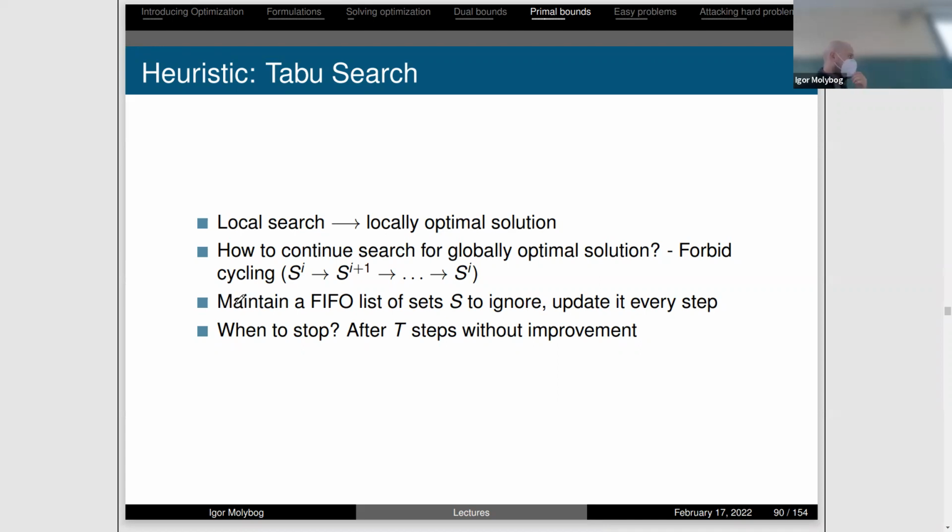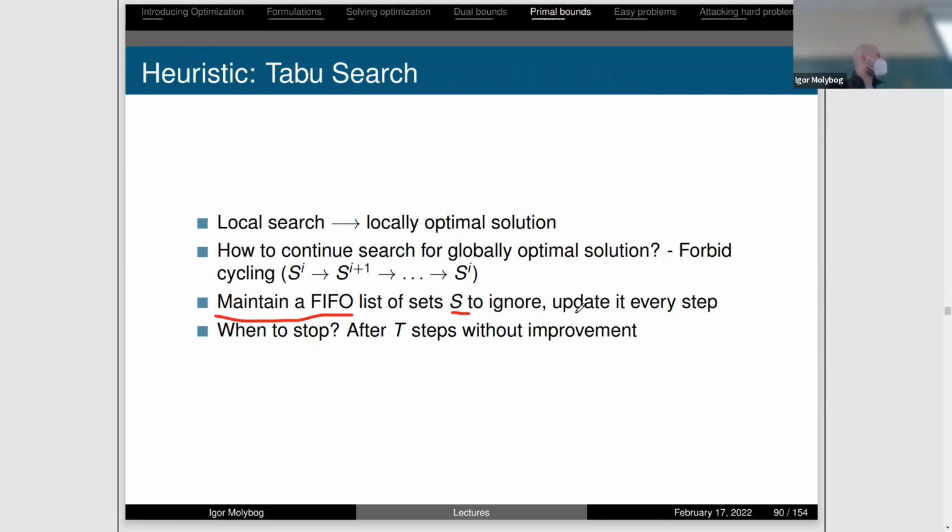And this idea will appear once again later today during the lecture. But one of the ways to implement this idea in local search is called taboo search. We maintain a first in, first out list of sets S that we are going to be ignoring when we choose the next step, the next point to consider, and we update this list at every step we take.